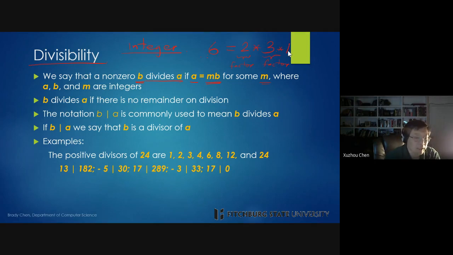If you multiply by 1, it doesn't make any change. So when we ask what the factors of 6 are, you can say 2 and 3, but you can also include 1. 1 is always a factor of any integer.